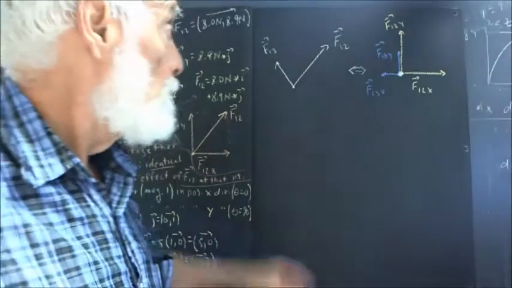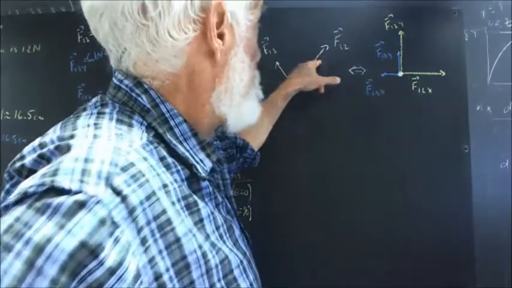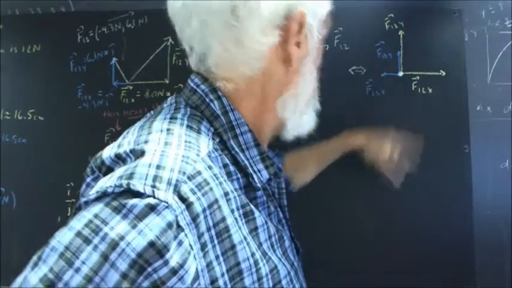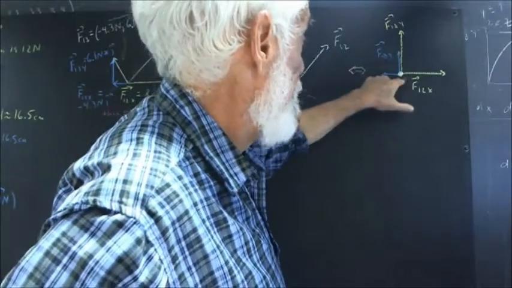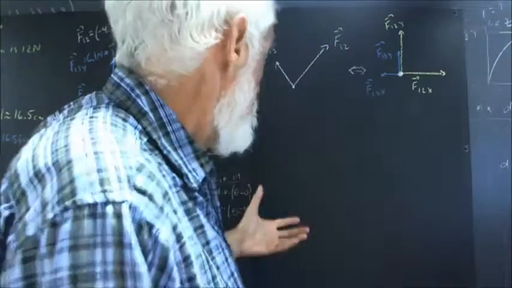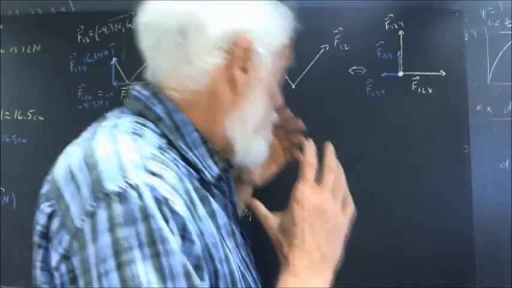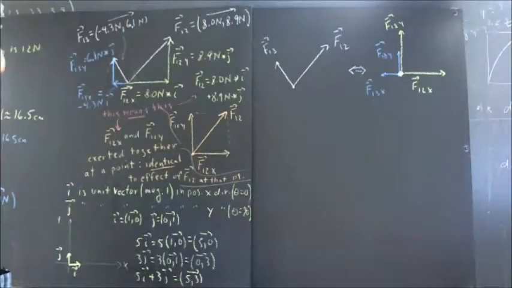Okay, well, all I'm asserting here then is that if instead of F12 we have its two components acting at this point, and if instead of F13 we have its two components acting at the point, the situation is indistinguishable. The action of these forces is completely equivalent to the action of these forces.